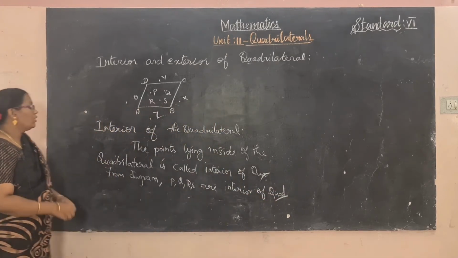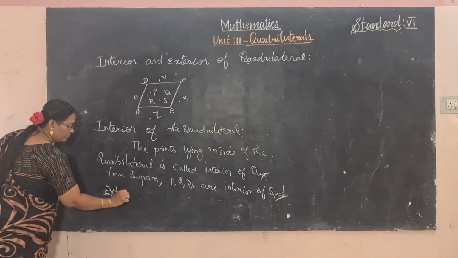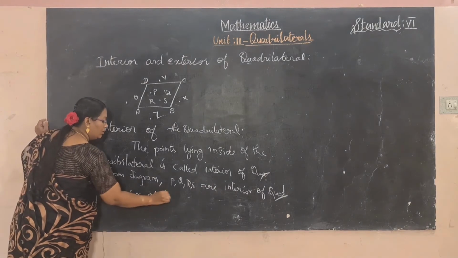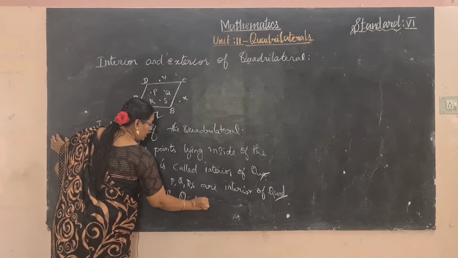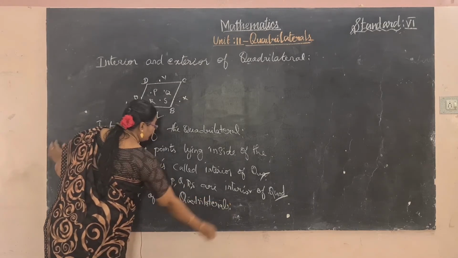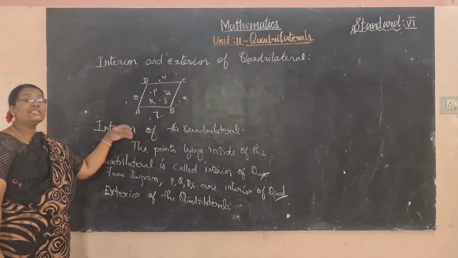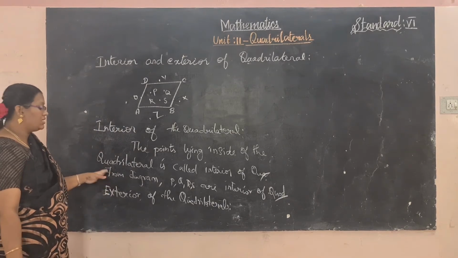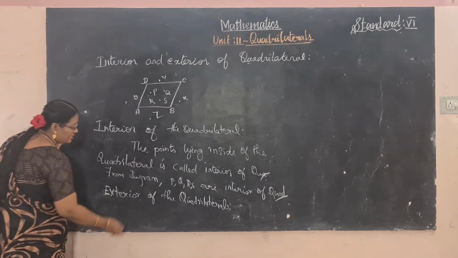Okay, and next one, exterior of the quadrilateral. Exterior of the quadrilateral means the points lying outside of the quadrilateral. That's all called the exterior of the quadrilateral.